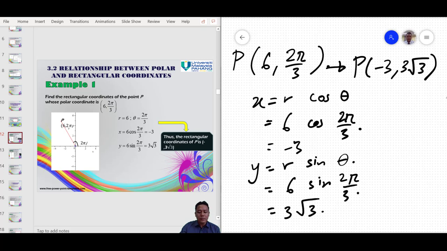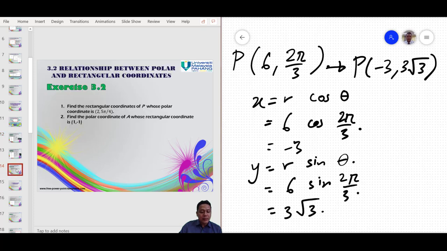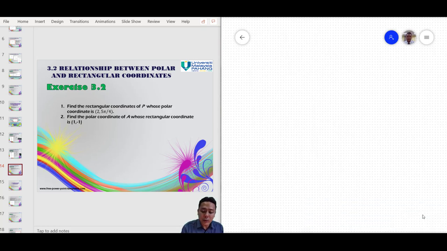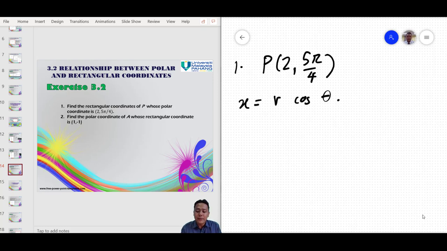Okay, let's do one question first on how to convert polar into a rectangular coordinate system. Question number 1. You are given a polar coordinate of 2, 5 pi over 4 and you are required to change it into a rectangular coordinate. So x is r cos theta, in this case 2 cos 5 pi over 4.